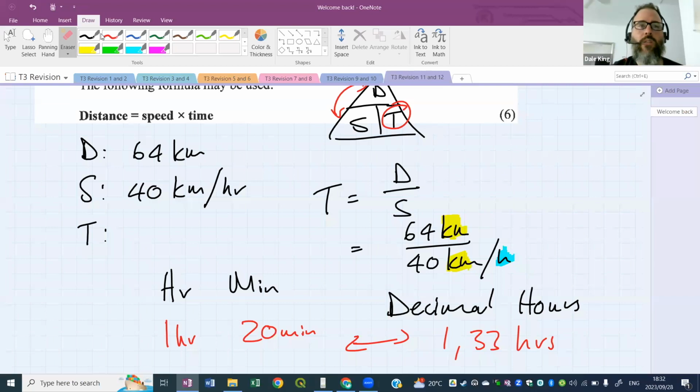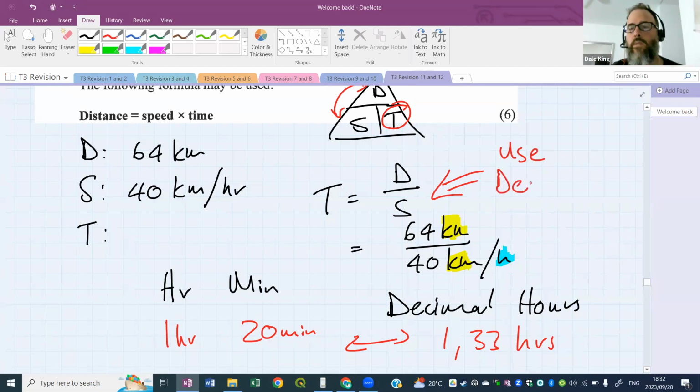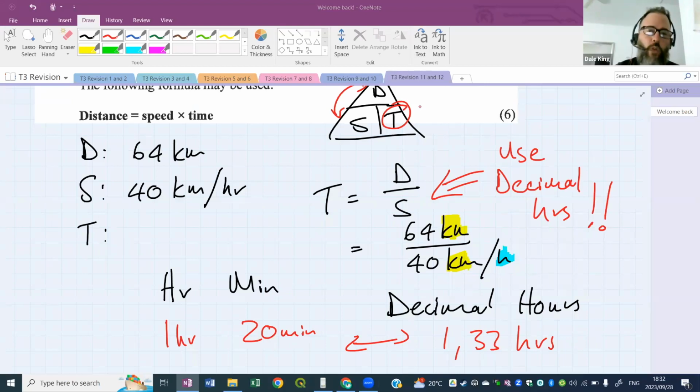So please, please, please remember, this formula here uses decimal hours. Very important to remember. So many times I've seen students force hours and minutes into there. It won't work. Or they get the answer out and the question says, give us the answer in hours and minutes.